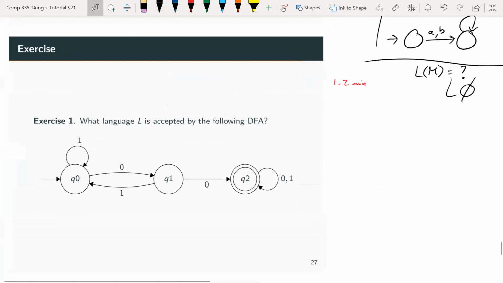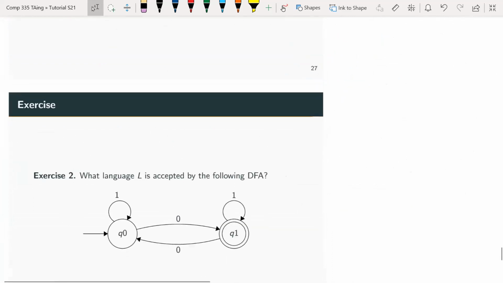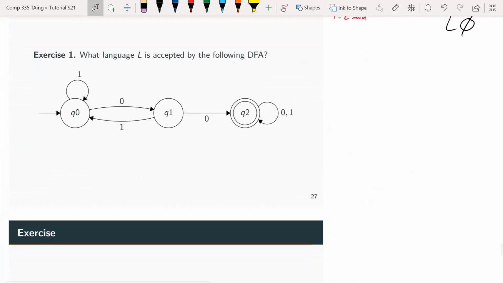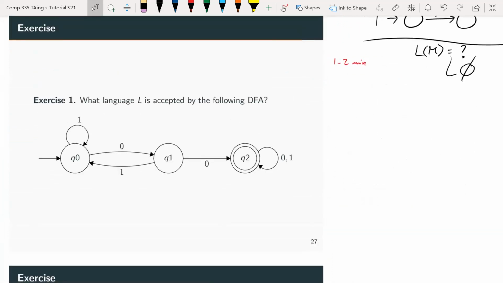Now, someone was asking me what would be an example of a correct way of solving the first assignment question. Even though it says exercise, I'm going to do this first one and then leave the second one as an exercise. There are a few ways that I would accept for determining the language accepted by a DFA.